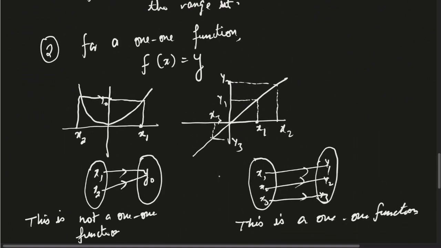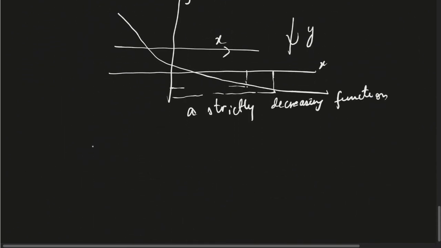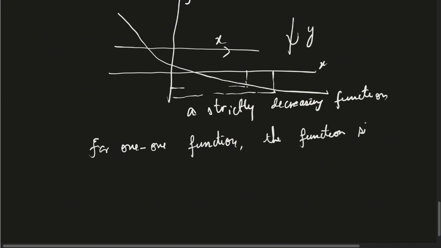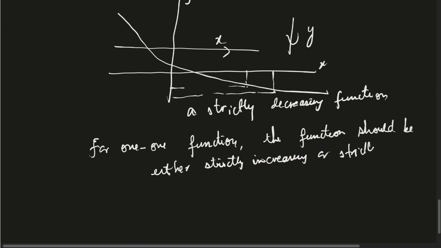So you should note it down that for a 1-1 function, the function should be either strictly increasing or strictly decreasing.